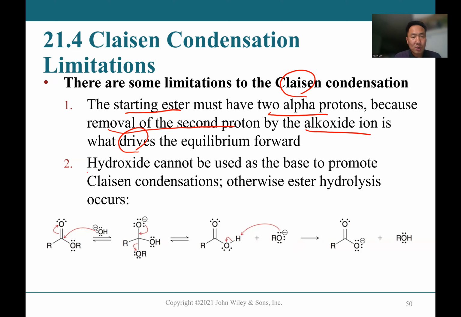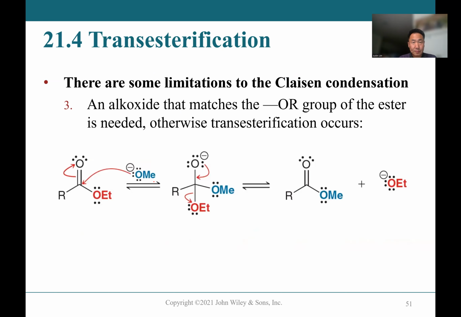Number two, hydroxide cannot be used as a base to promote Claisen condensation, otherwise ester hydrolysis occurs. Number three, an alkoxide that matches the Y group of the ester is needed.